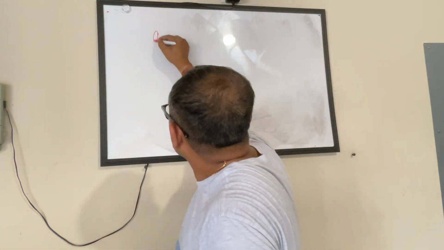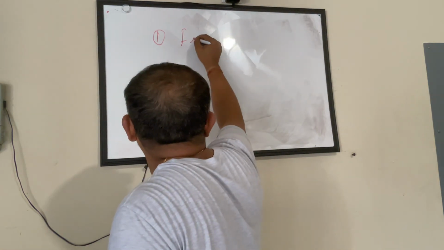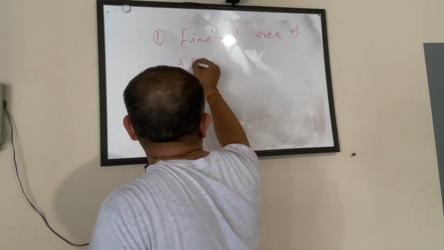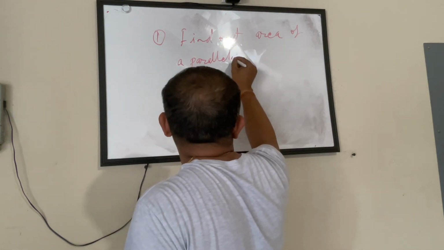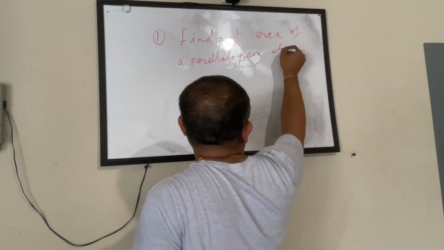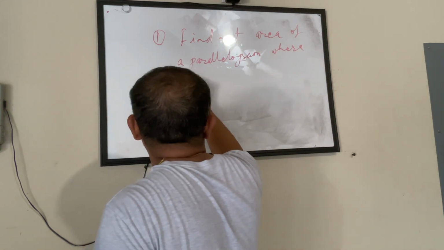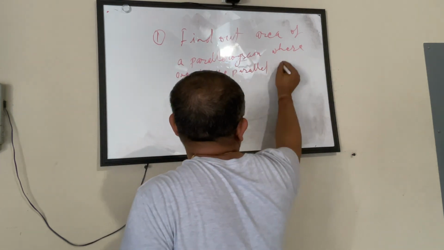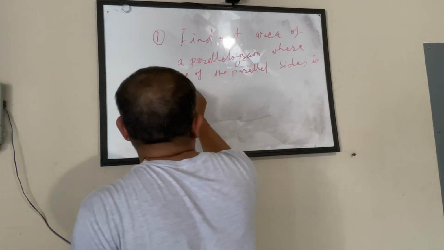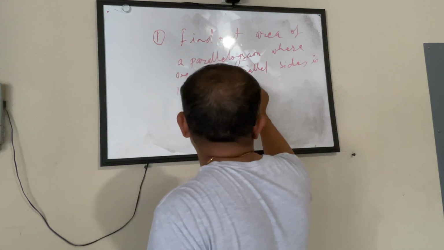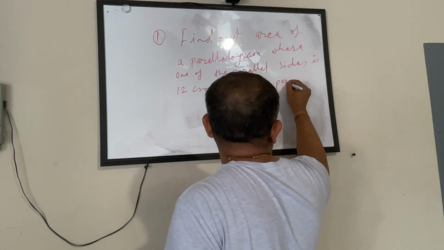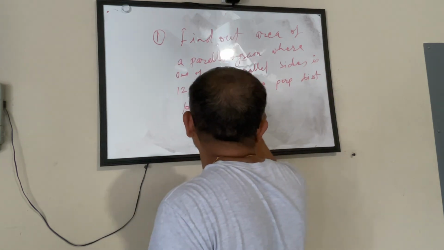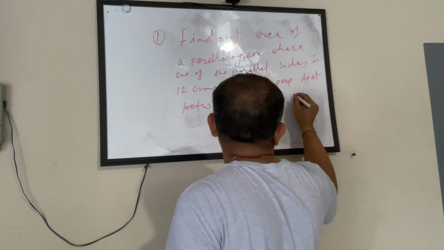So first question is: find out area of a parallelogram where one of the parallel sides is 12 centimeters and the perpendicular distance between them is 8 centimeters.